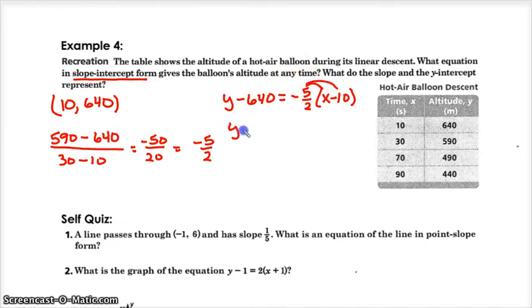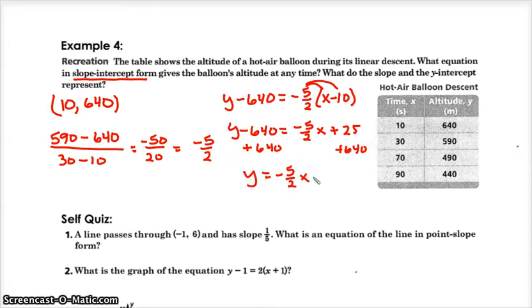So y minus 640 equals negative 5/2 x plus 25. I'll then add 640 to both sides. So y equals negative 5/2 x plus 665.